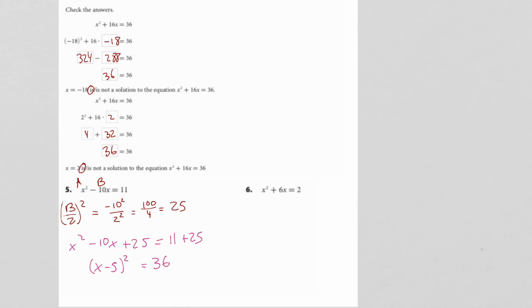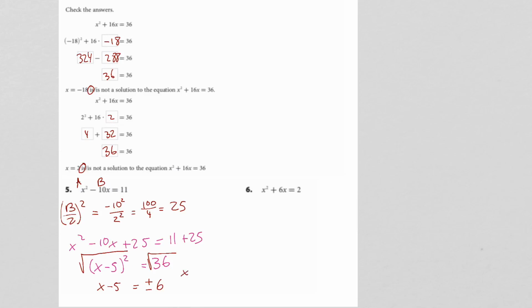The next step, the inverse of squaring something is to take its square root. So you're going to get x minus 5 here. The square root of 36 is plus or minus 6. Let me rewrite that. Plus or minus 6.